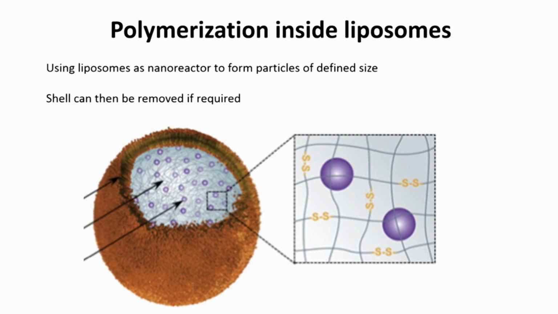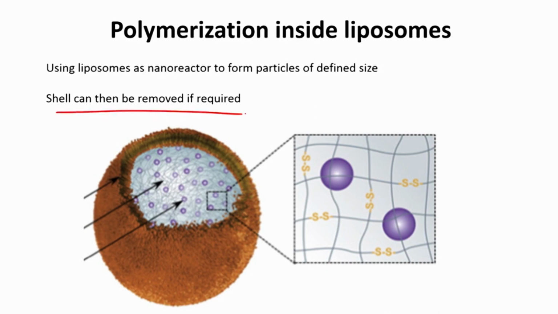What is the advantage of that? First of all, you have precise control of the size, and the second is, as we said, liposomes are not very stable, they have to always be in liquid, and they can continuously release drug. What you can do is a polymerization inside the liposome, essentially making a dense network where the drug becomes much more stable, as well as the liposome.